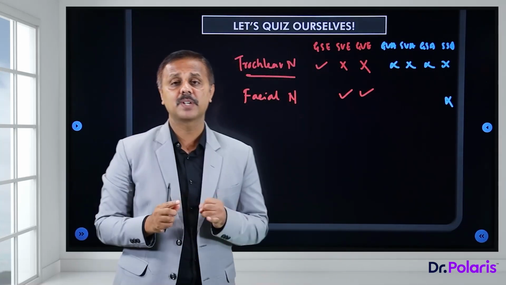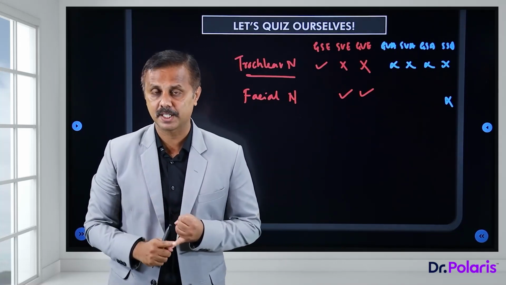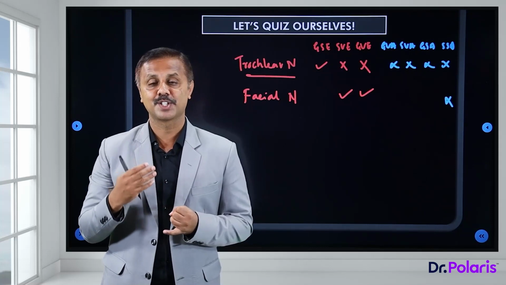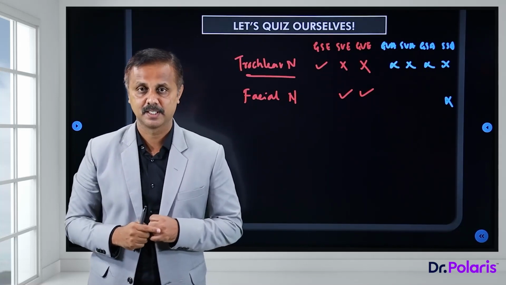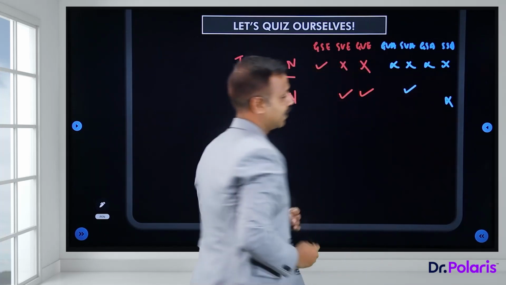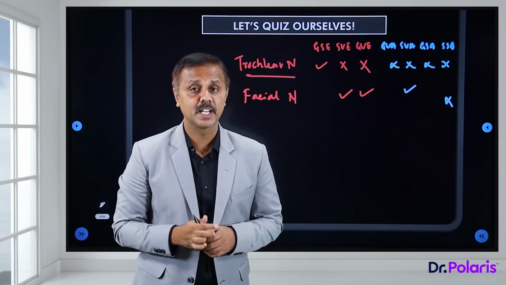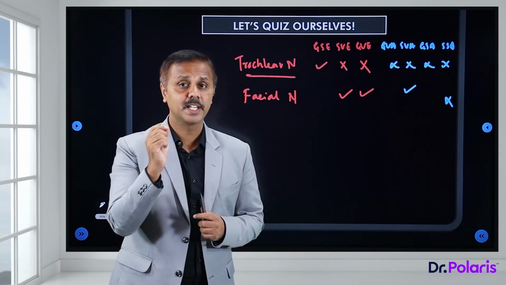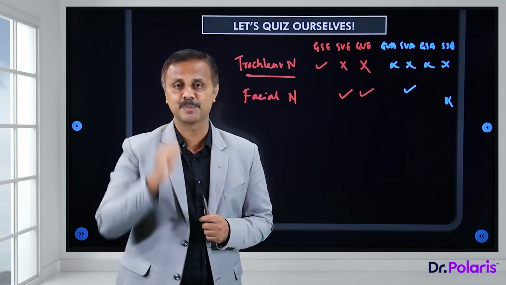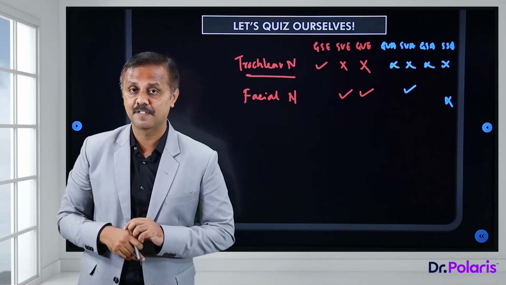Right. What about other functions of facial nerve? Remember, facial nerve through chorda tympani will carry taste sensation from the anterior 2/3 of the tongue. And this is represented by the special visceral afferent column. What are the other functions? Facial nerve also carries a small area of cutaneous sensation from the external ear, which is carried by the general somatic afferent column.